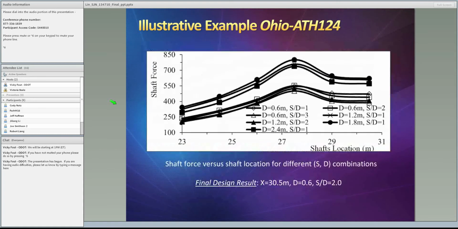Second, we have to choose the shaft force as low as possible, and also the shaft length should be as short as possible. So this is the final design result using the reliability method.